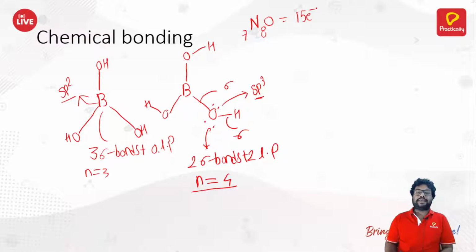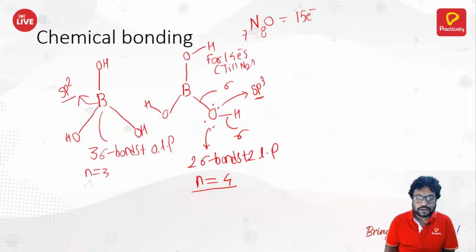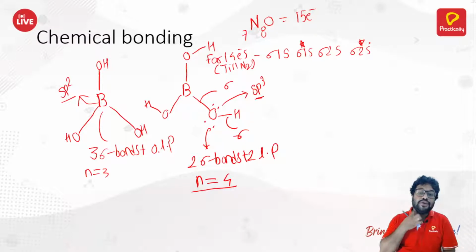Now if you write the order, let's write the MOT order for 14 electrons. That means still nitrogen. What was the order? Sigma 1s, sigma 1s star, sigma 2s, sigma 2s star. Then what do you have?